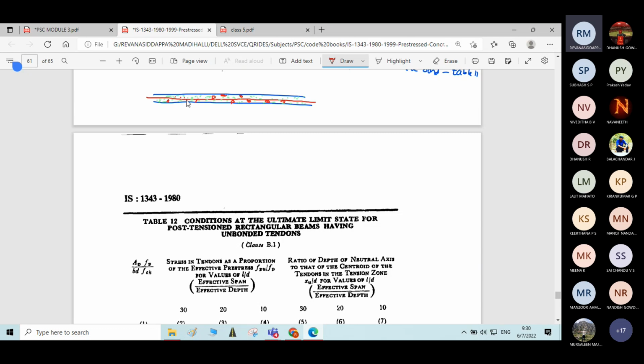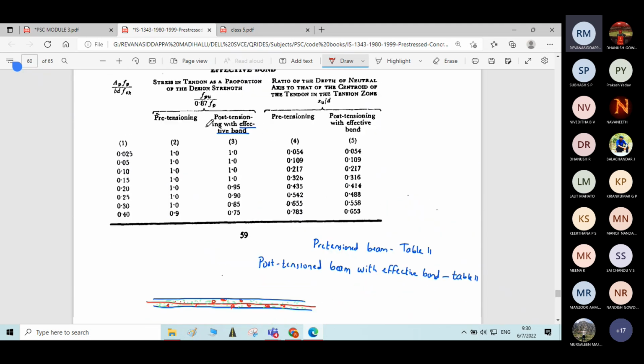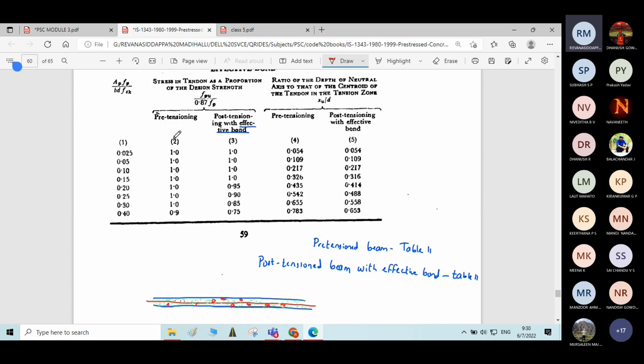There will be an effective bond between the pre-stressing steel and the surrounding grout employed in the duct. So in this case, we have to utilize table 11 only. For example, if he says in the problem pre-tensioned beam, then you need to use this column.